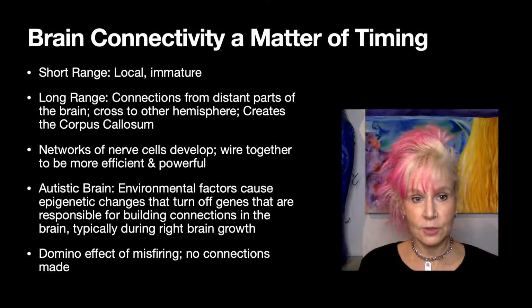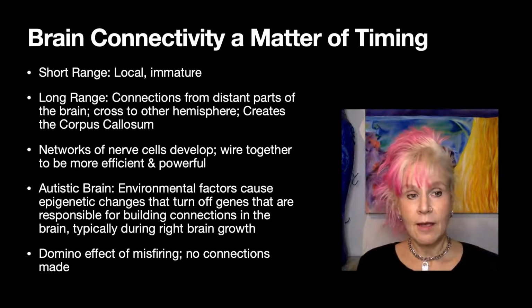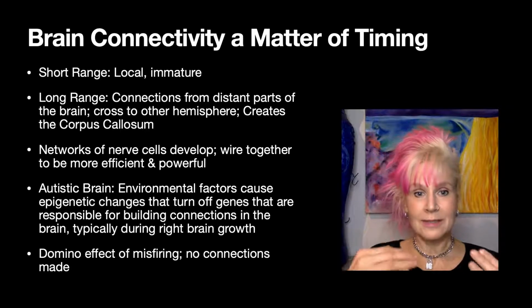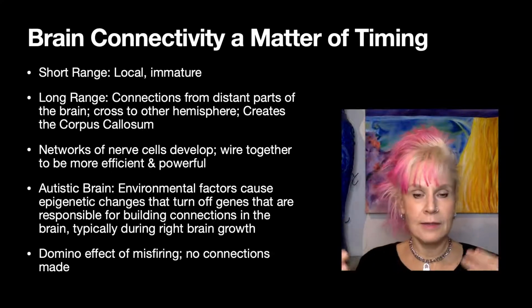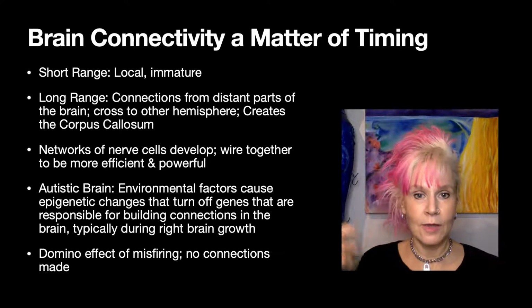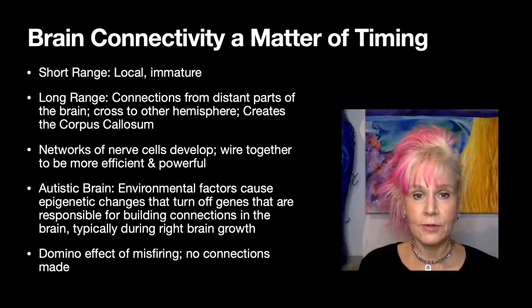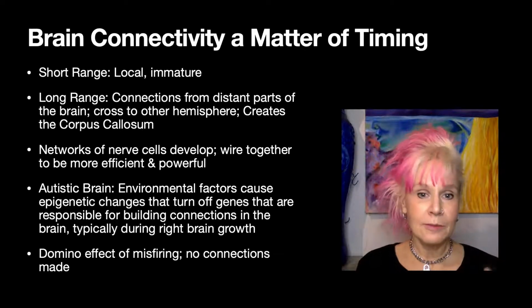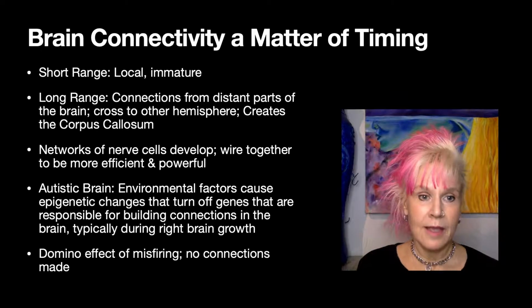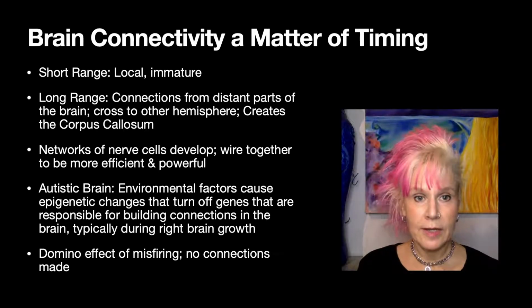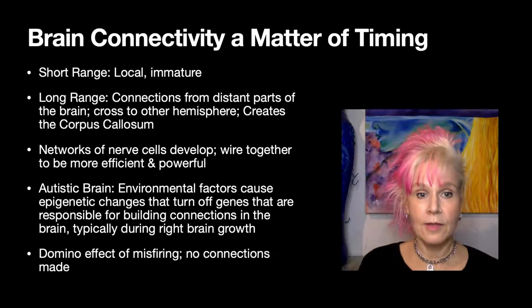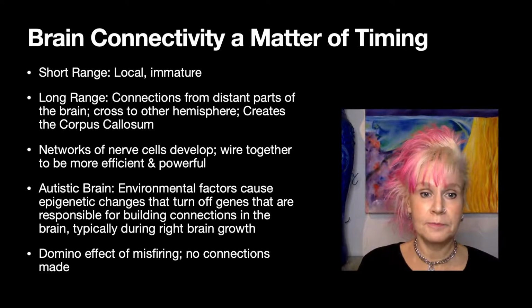If there are issues with the timing where it's misfiring, the right side and the left side aren't in sync, you've got sort of spotty firing, it's not going to wire together. That path is never going to get mowed through. There's not going to be those connections made. And this is where things start to break down with their development in the structure and then therefore the function.